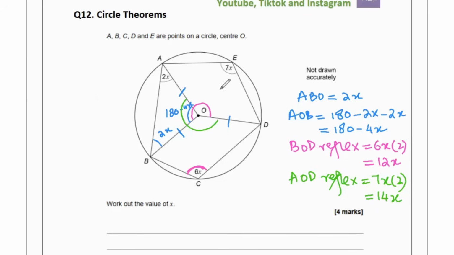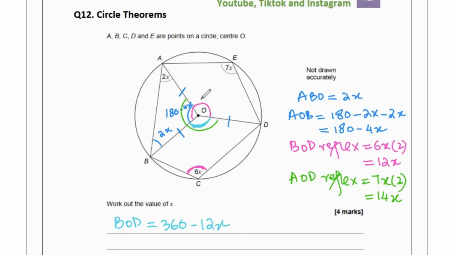So keeping that in mind, we can say that this angle over here is going to be 360 minus 12x. So angle BOD, not reflex, is 360 minus 12x.